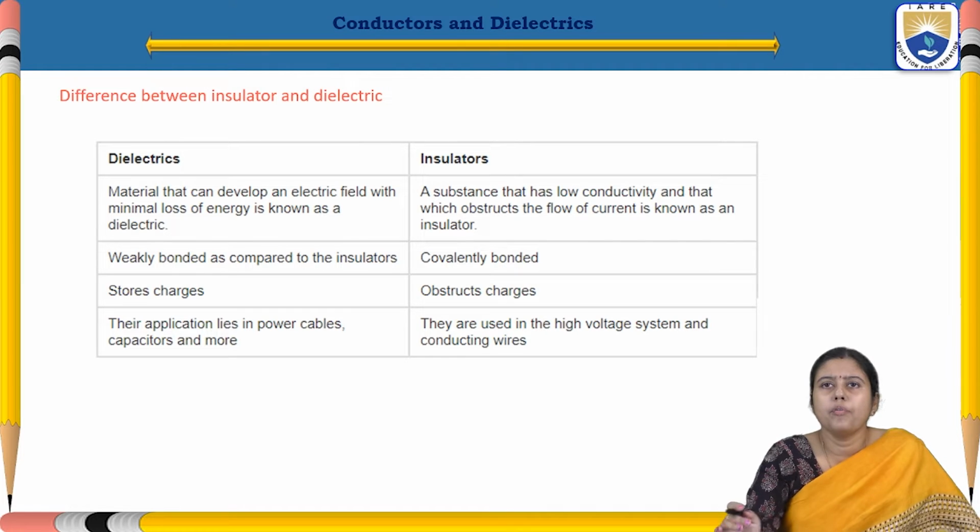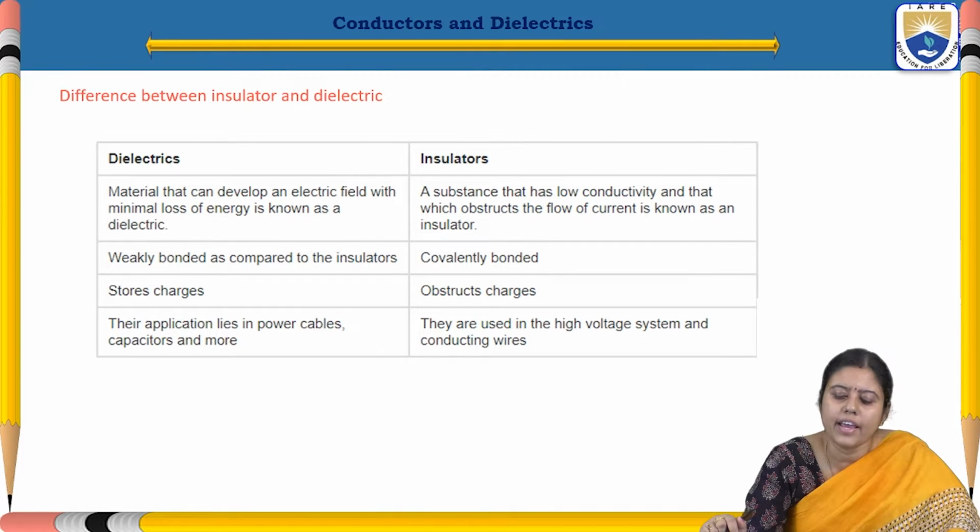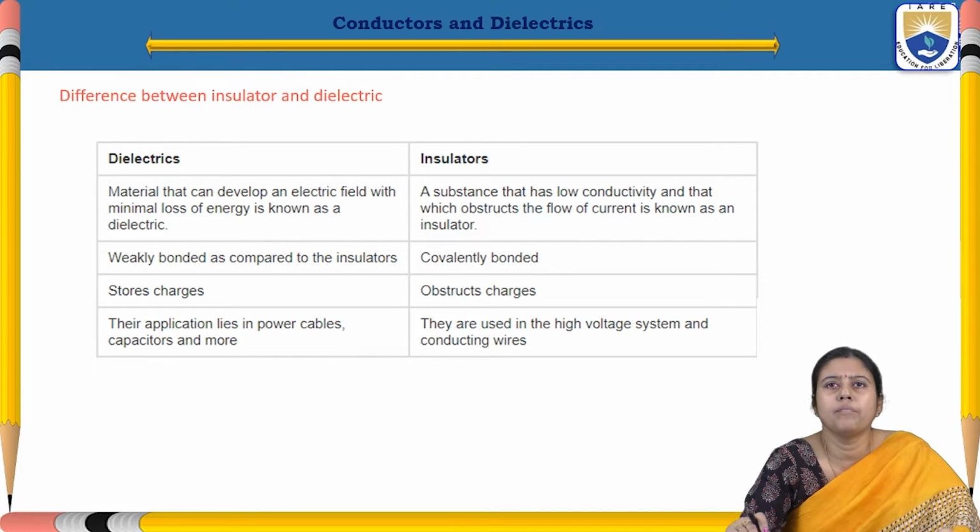Now the difference between dielectrics and insulators. Sometimes we think that dielectrics and insulators are the same, but there is a small difference. A material that can develop an electric field with minimal loss of energy is known as a dielectric.